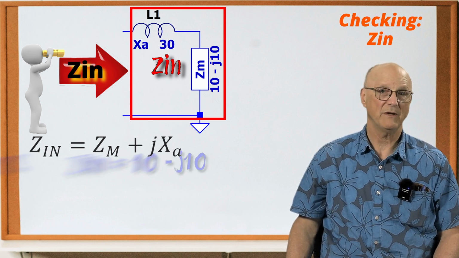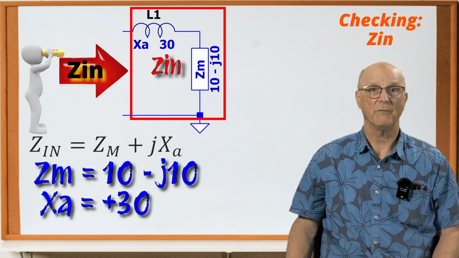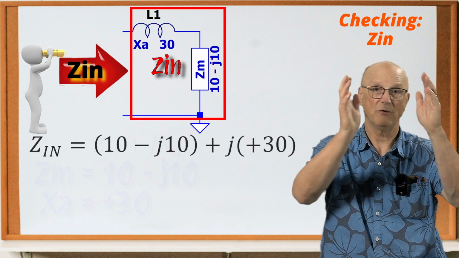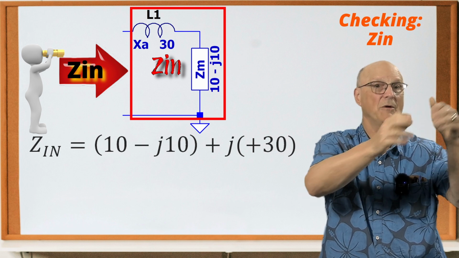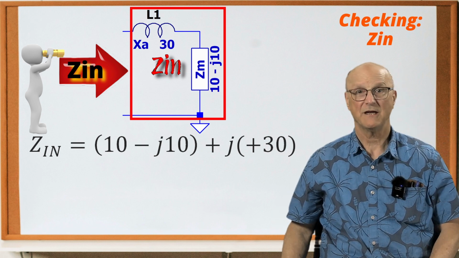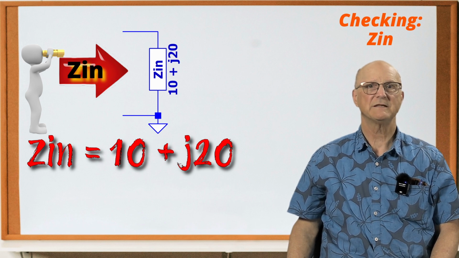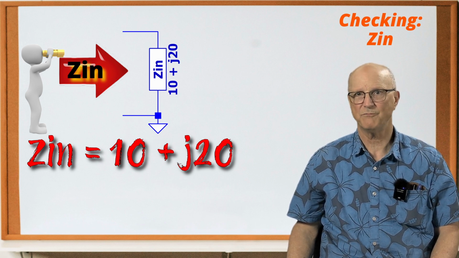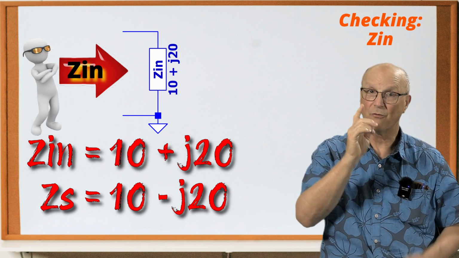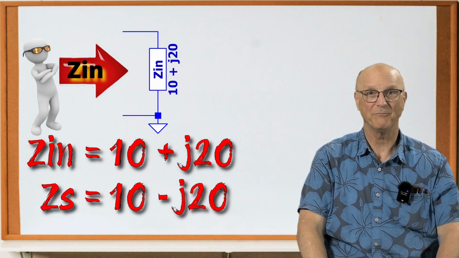And with Zm equal to 10 minus j10 and XA equal to a positive 30, we get that our input impedance is equal to 10 minus j10 plus j times a positive 30, which gives us an input impedance of 10 plus j20. This is the complex conjugate of the source impedance of 10 minus j20. So far, we're on the right track. Woohoo! Next, I will calculate the output impedance.